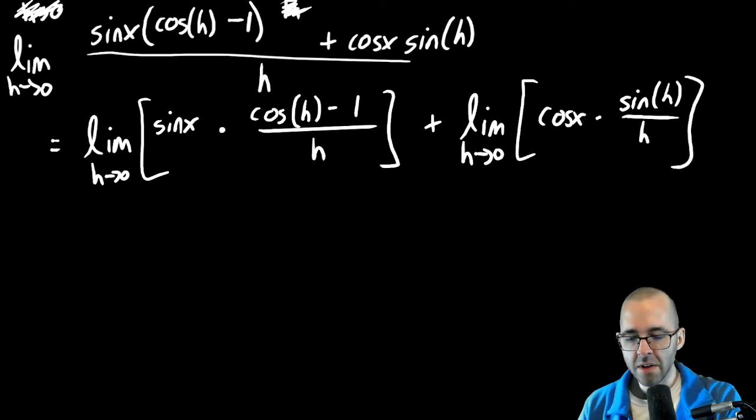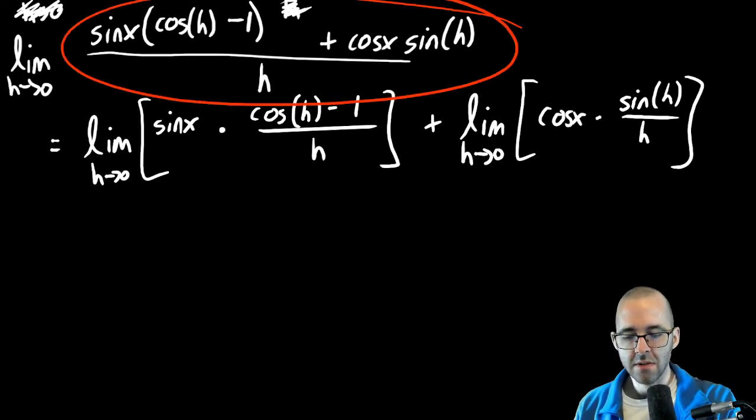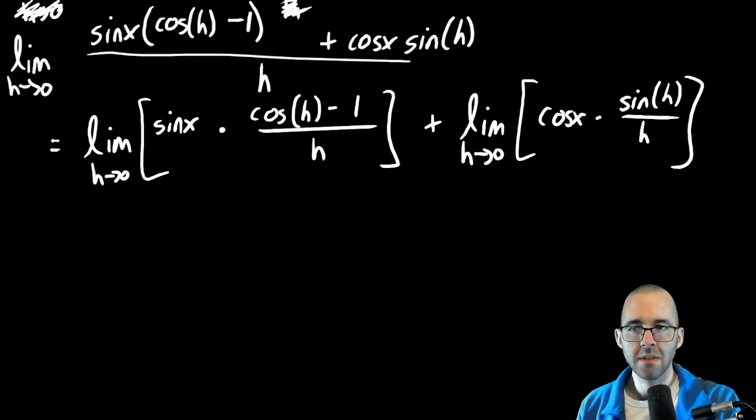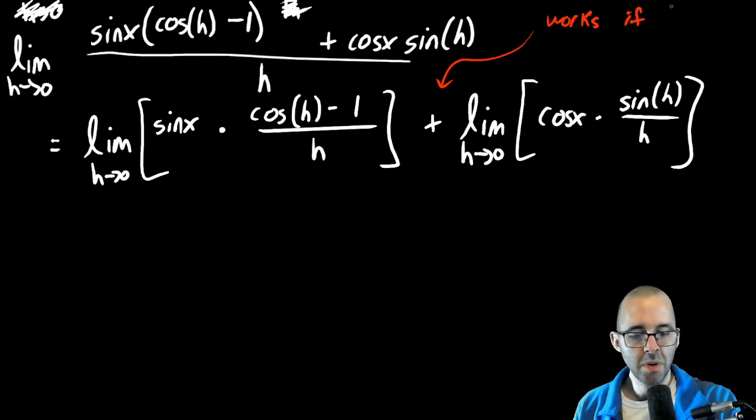So again, I'm not doing anything super fancy, just splitting up this fraction into two fractions and splitting up the limit into two limits. And this works again if both limits exist, which we don't know yet, but we're going to show it.